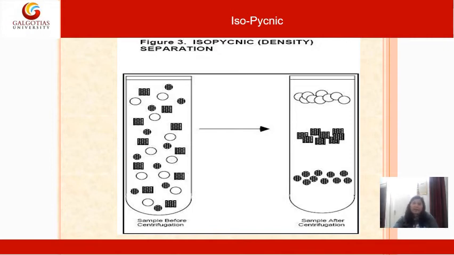The particles that have lesser density than the medium will float at the top of the tube. The particles that have almost similar density to that of the medium will float in the middle of the test tube, whereas the particles that have more density than the medium will sink down to the bottom of the tube. In this way, we will get different layers of components on the basis of different densities, and then we will get final separation of the particles.